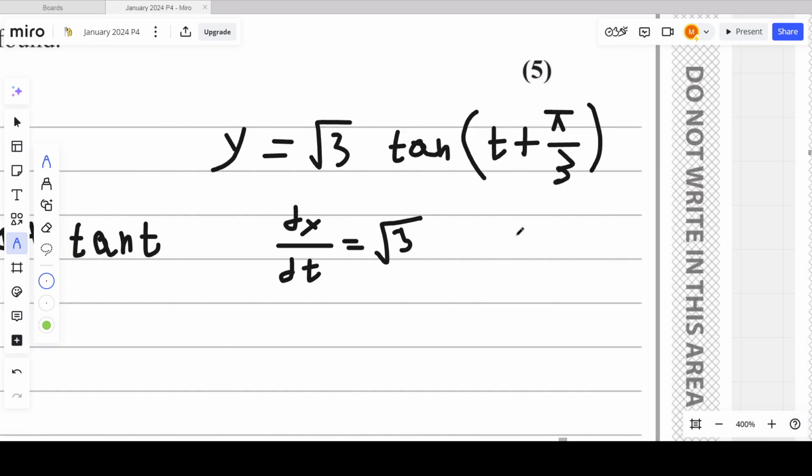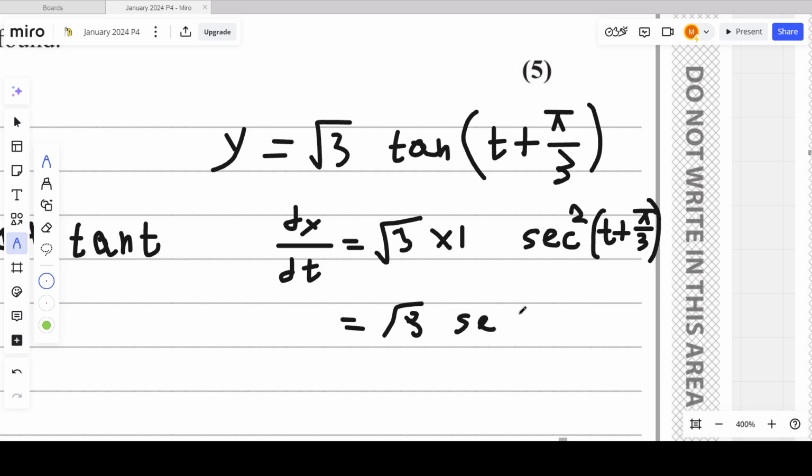The derivative of tan x is sec squared (t plus pi over 3), and since it is chain rule, we differentiate the part within the bracket, which gives just 1. So its derivative is square root of 3 sec squared (t plus pi over 3).